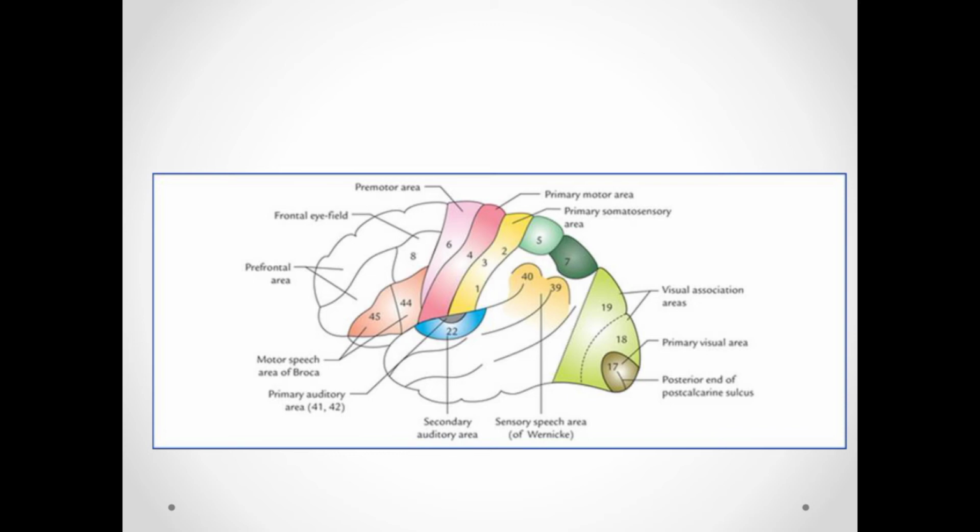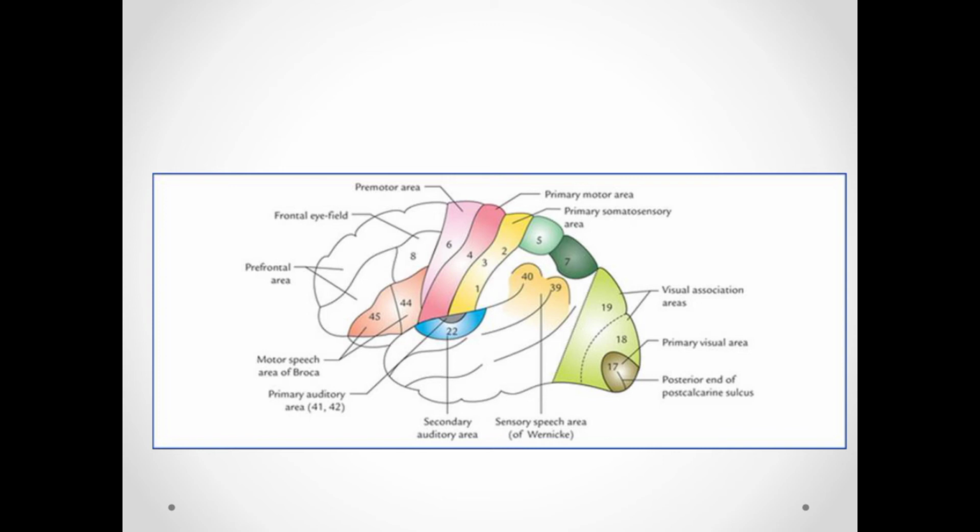Next, if you look into the visual area, if you look into the lunate sulcus, do you remember? That is the visual area, area number 17. And the psychovisual area, that is the association area, is area number 18 and 19. So you have to learn all these numbers. If I tell you again: sensory area 3, 1, 2, motor area number 4, area number 6, area number 8 is the frontal eye field, then Broca's motor speech area 44 and 45.